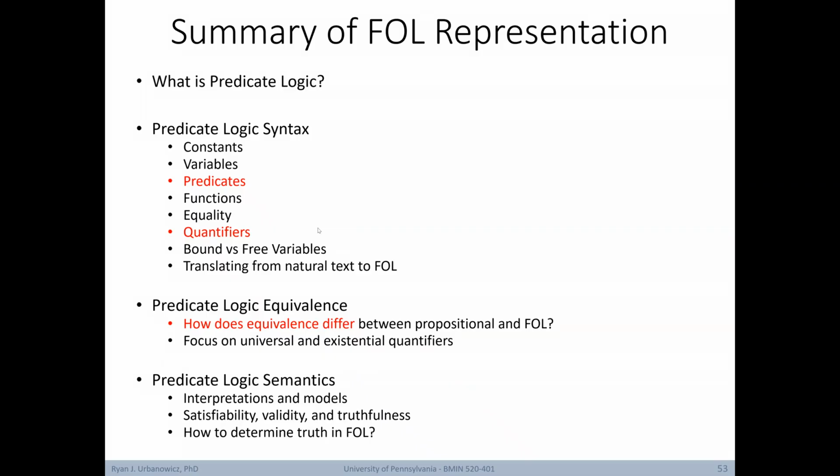We also covered predicate logic equivalence, and examined how equivalence differs between propositional and first-order logic. We also focused a lot on universal and existential quantifiers and how they impact equivalence. Lastly, we covered predicate logic semantics, specifically interpretations and models, satisfiability, validity, and truthfulness. And we took a brief look at how to determine truth in first-order logic.